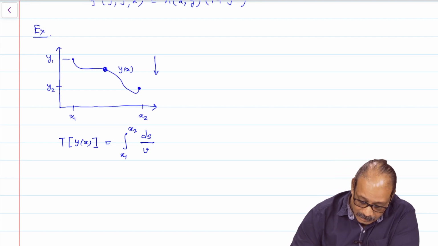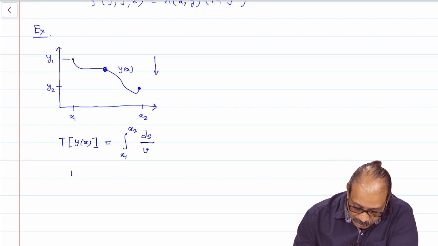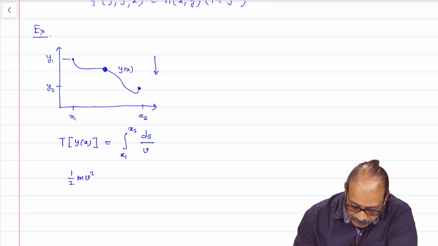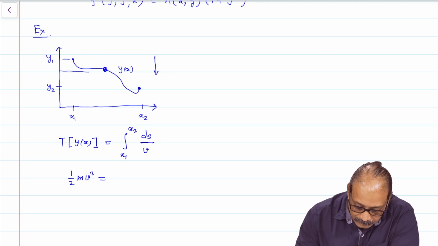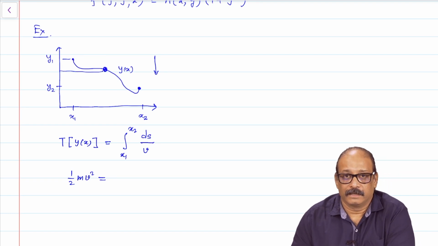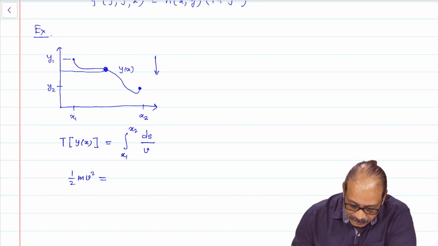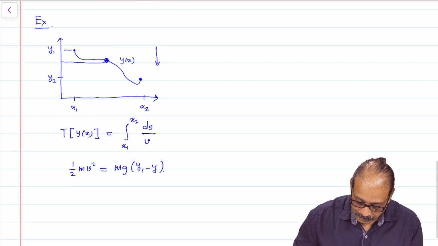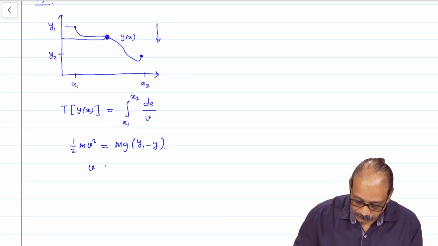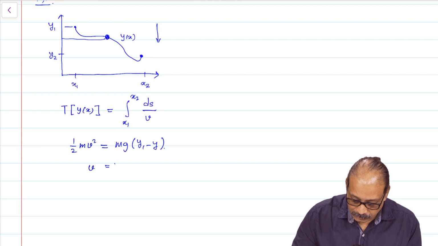But we know velocity v at each point. So, at each point half m v square must be equal to, if it has dropped to this point which is y, then clearly mg times y1 minus y, and that immediately gives you velocity v, which is nothing but the square root of 2 times g times y1 minus y.